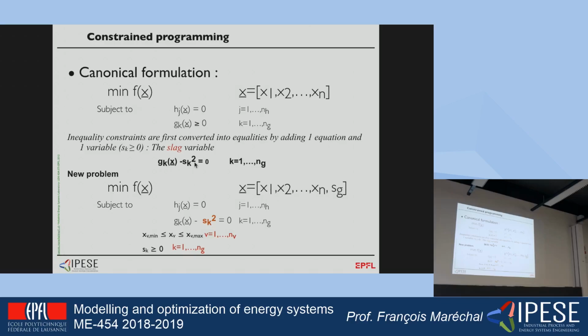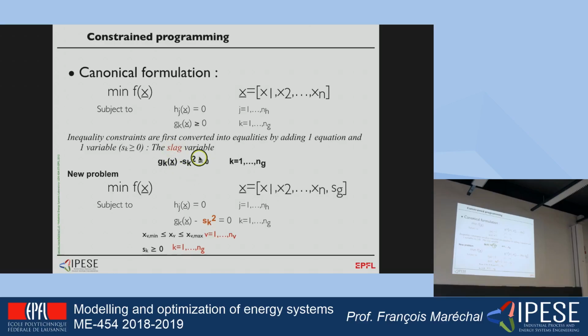A slack variable is going to measure the distance towards the inequality constraint. By doing this, we introduce a new constraint, which is now an equality constraint. It is going to say that the constraint minus the slack variable is equal to 0.